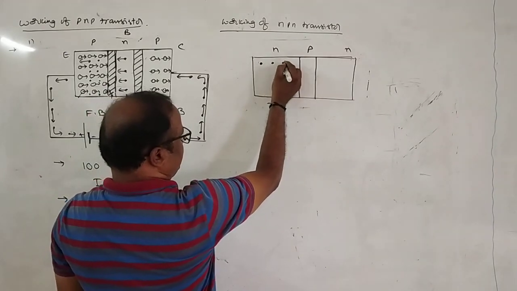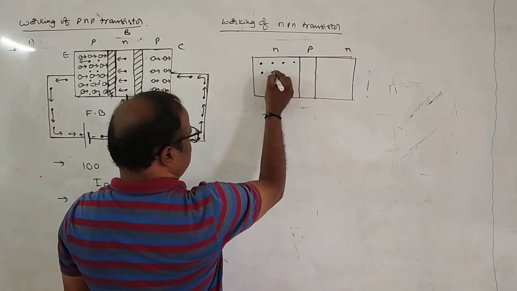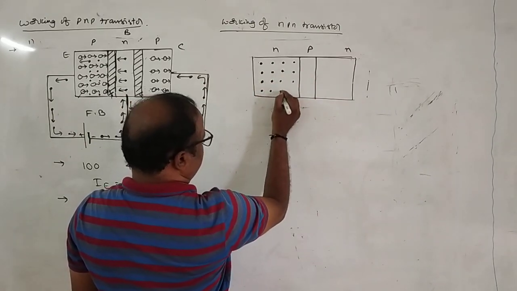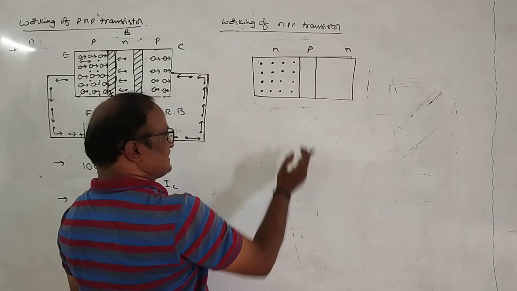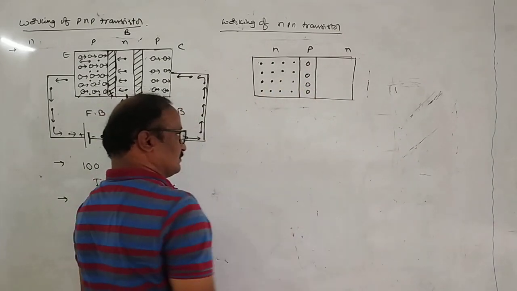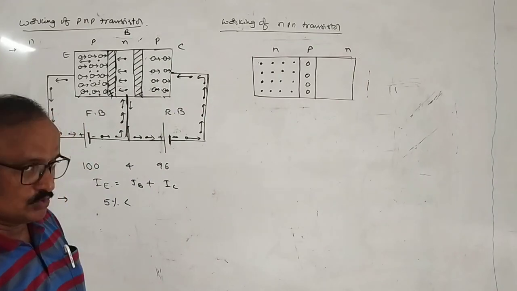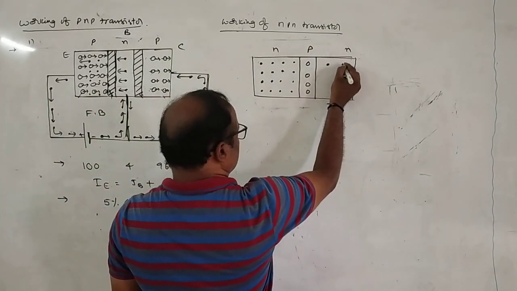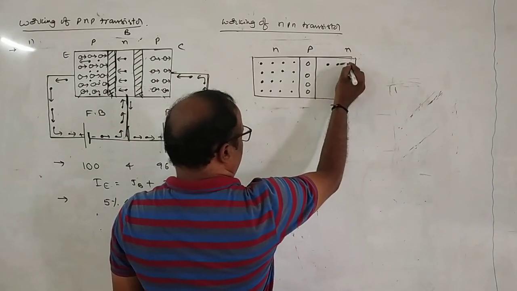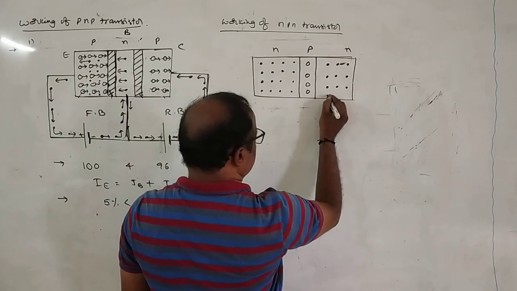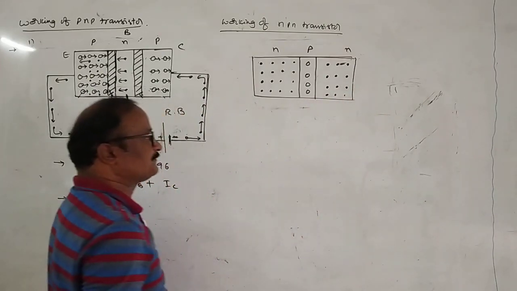N-type property, it is having a majority number of electrons. The base is a lightly doped material. It is p-type and also has fewer positive charge holes. The collector is moderately doped, meaning it has a moderate number of charge carriers compared to the emitter and base.